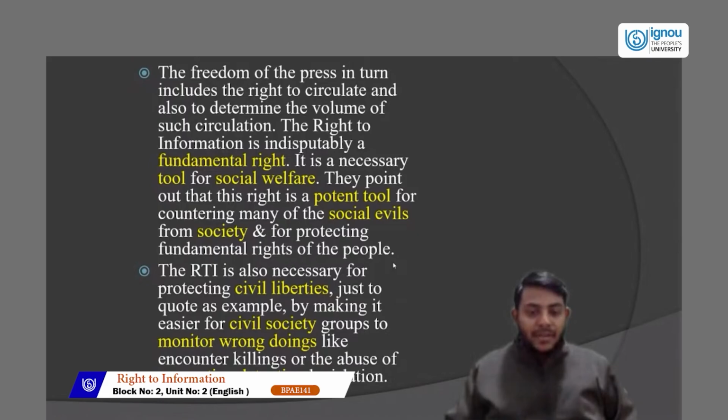As an example, it makes it easier for civil society groups to monitor wrongdoings like encounter killings or abuse of preventive detention legislation.